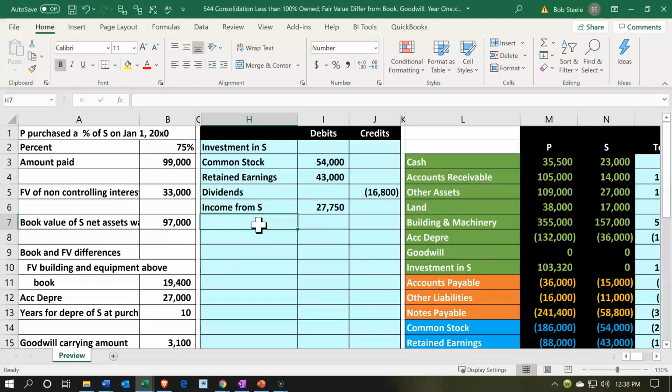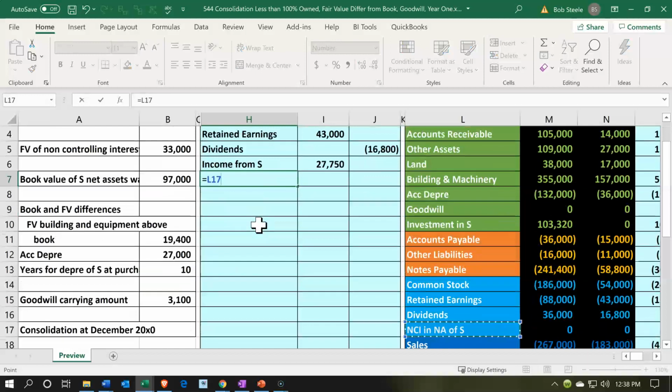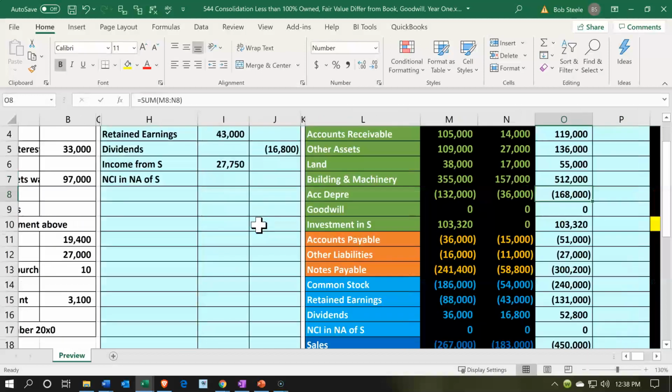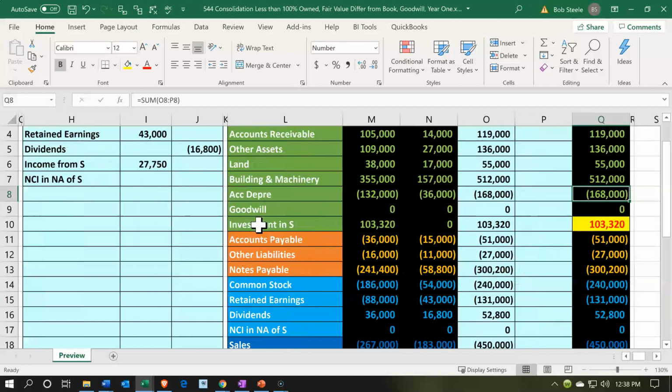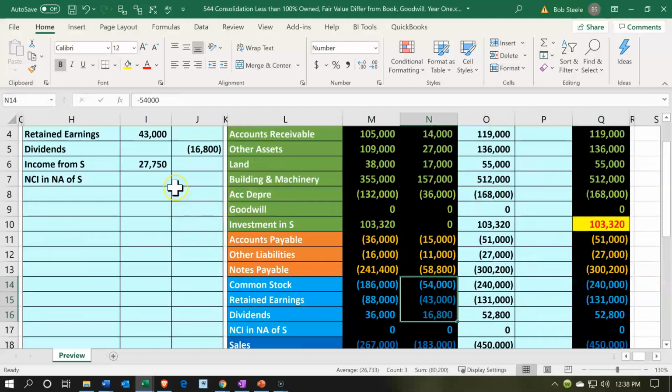Then we have to deal with the non-controlling interest accounts. So the non-controlling interest accounts are going to be this one, non-controlling interest. Now notice what we did. We removed the equity, and then the equity over on the net income. Now we're going to break that out into the non-controlling interest portion and the portion that's in the investment account here.